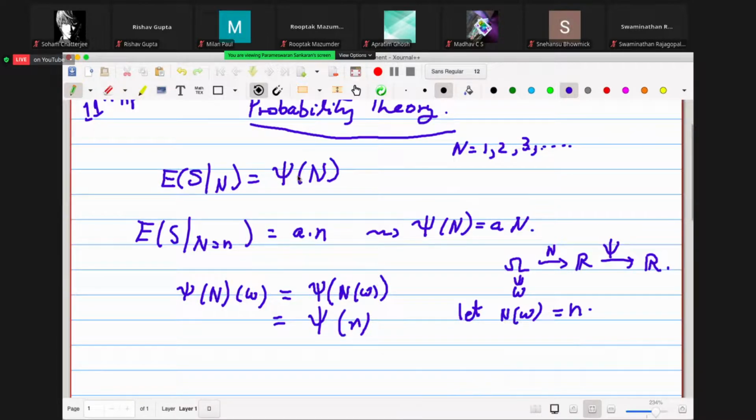And now you can compute it. So psi of n is exactly this expectation. The rest of the things are all okay. It's just that I should have written omega here and I wrote n, which is absurd. So N equals n.